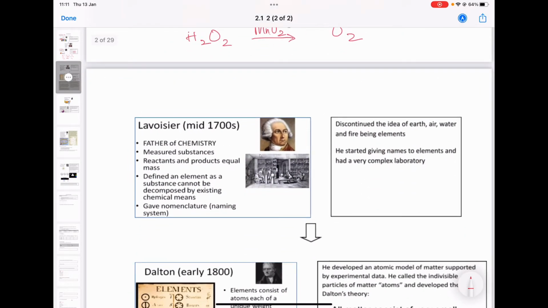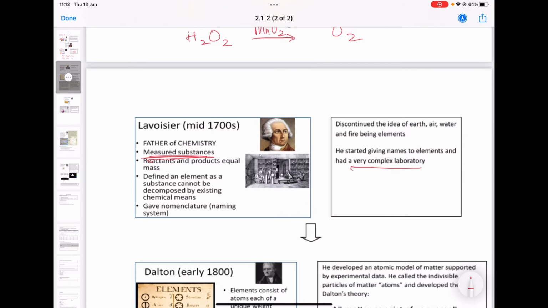And it's when Lavoisier set up his very complex laboratory with more than 1,000 glassware, he started to measure substances. So he started to do quantitative analysis, and he measured the mass of substances before burning and after burning.